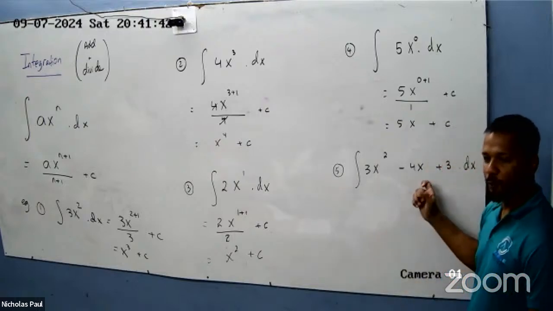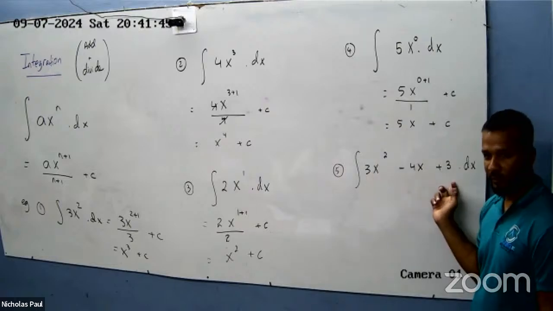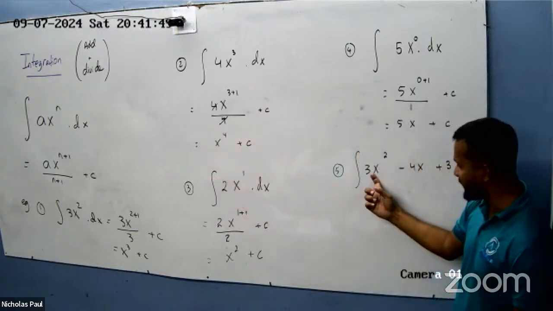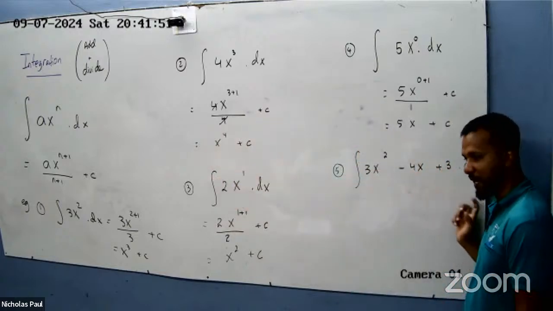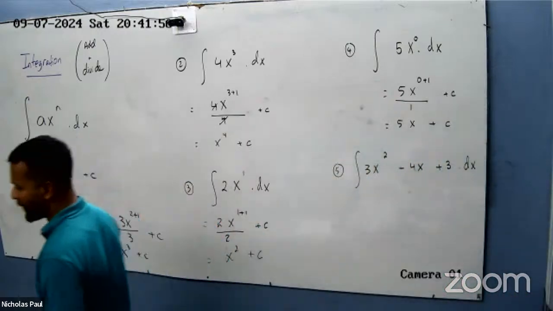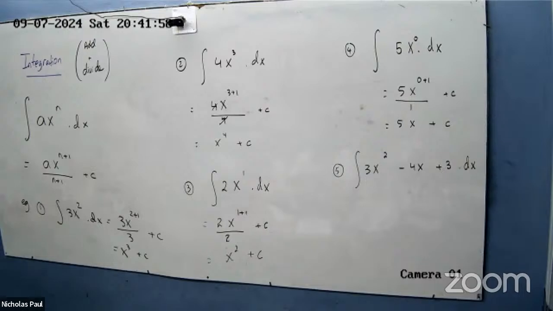Integrate this whole thing, and you're doing the same thing, right? Integrate this, and then add a plus c at the end. I'm going to explain why we have plus c now.